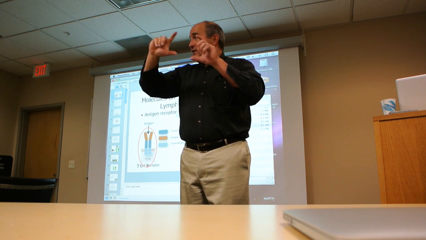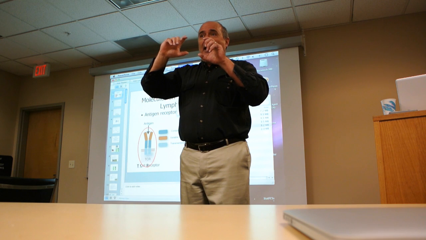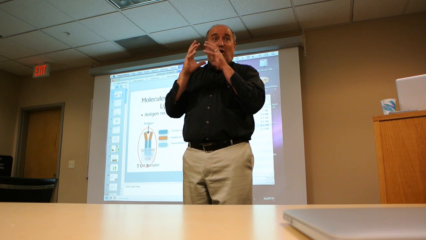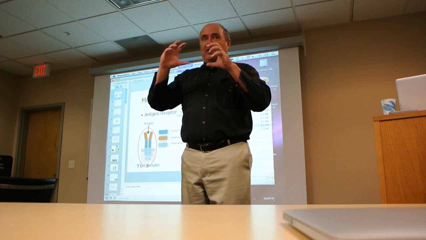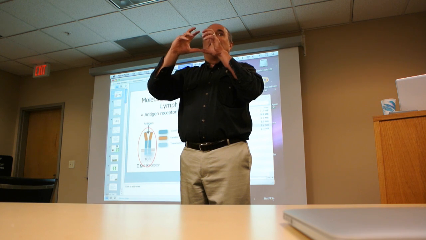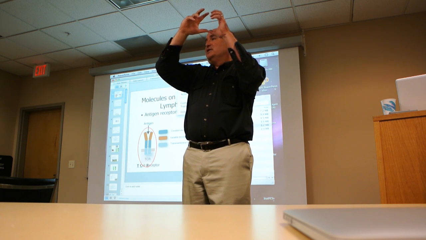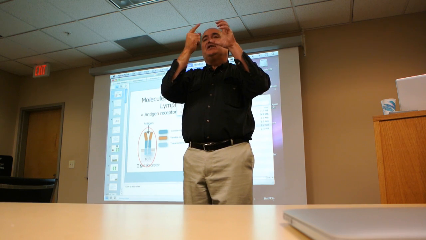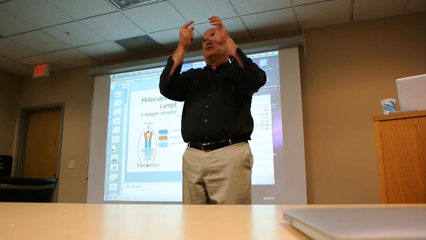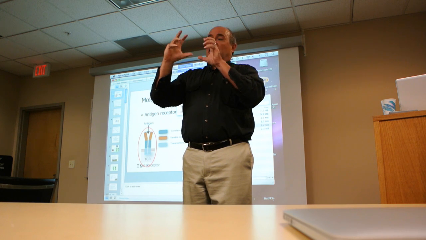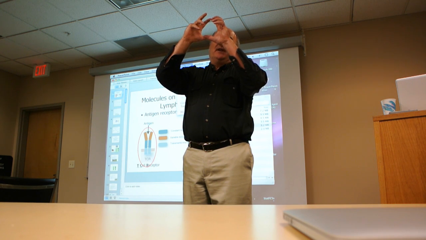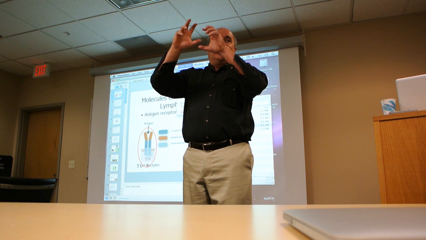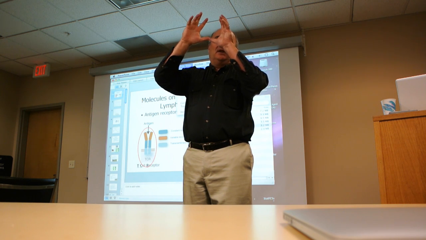T cells are interacting with antigen, and depending upon how robust the response is, we're getting communication right away. But the B cell's moving to the follicle. And we will have a few T cells go into the follicle to provide help.